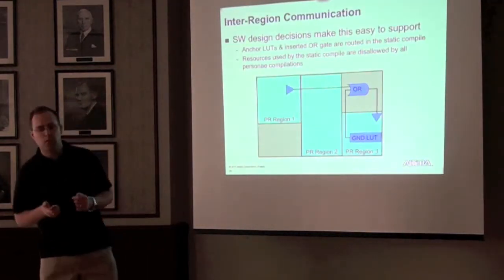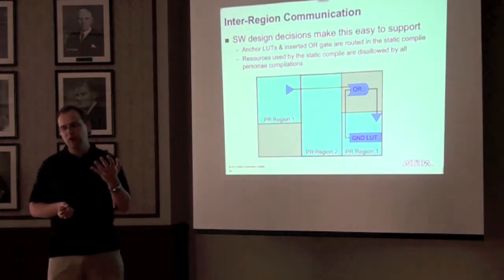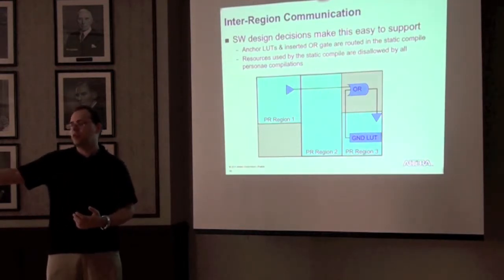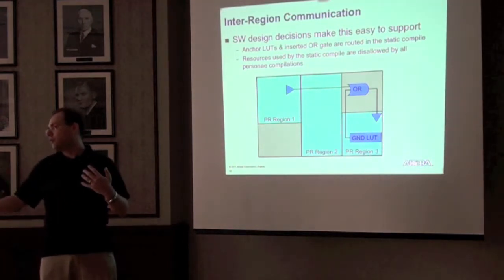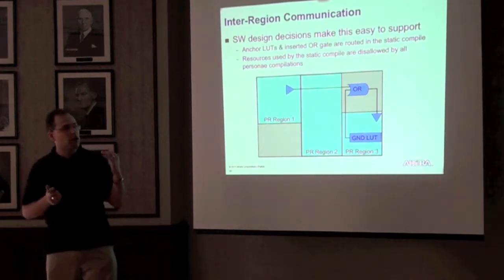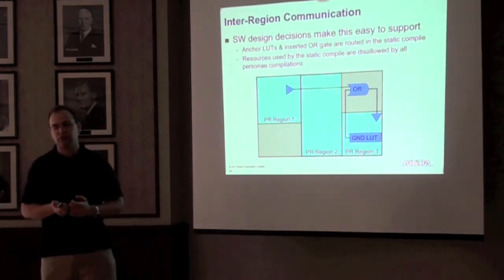So one can consider perhaps a more complicated example: what if I want to have an output of PR region 1, which has many personas, talking to an input of PR region 3, which also has many personas? You don't know what you're coming from and you don't know what you're going to, but you know you want to hook them up together. So our design decisions that I just described actually make this completely trivial to support.